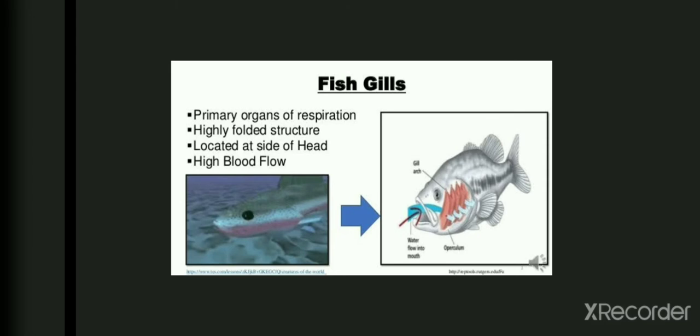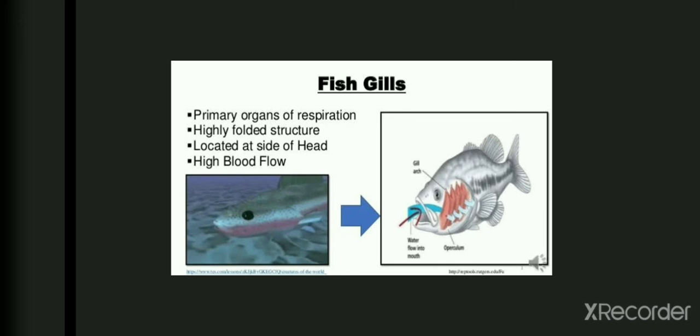So let's talk about the fish gills. Mostly in fishes, the gills are internal. They are located in gill pouches. The gill pouch opens to the exterior by the external gill slit and into the pharynx by the internal gill slit. The gills of fishes are lamelliform or filiform. The gills consist of visceral arch and lamellae.